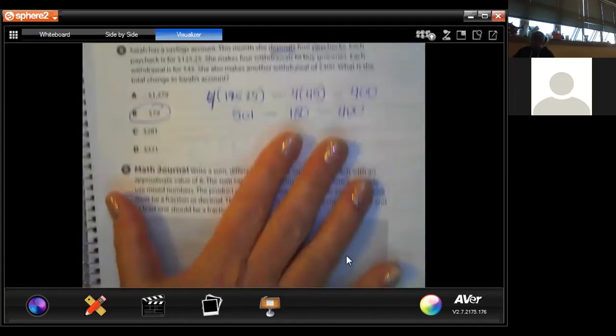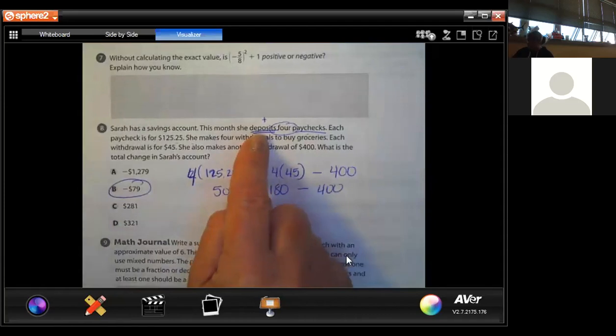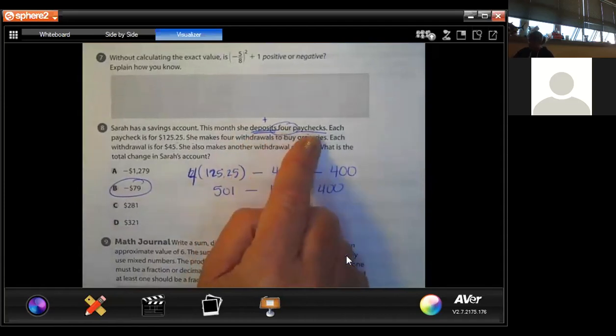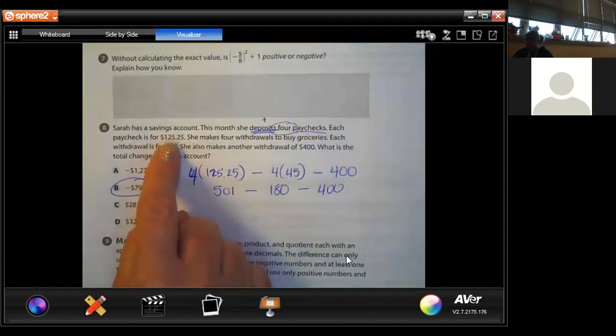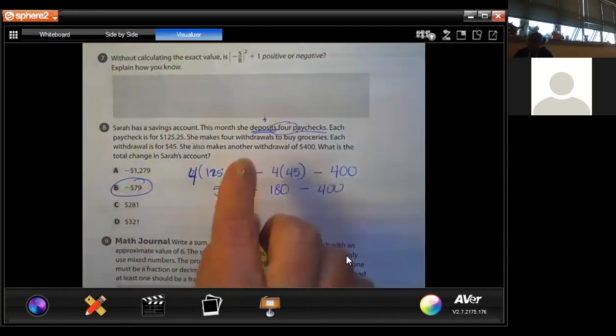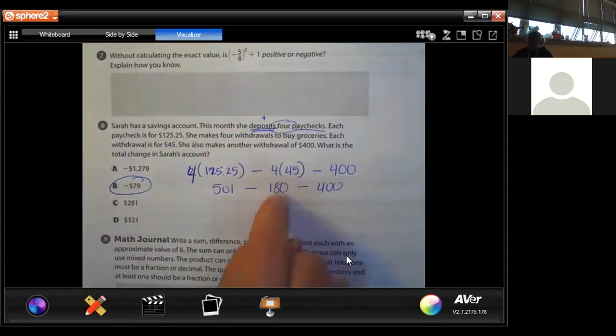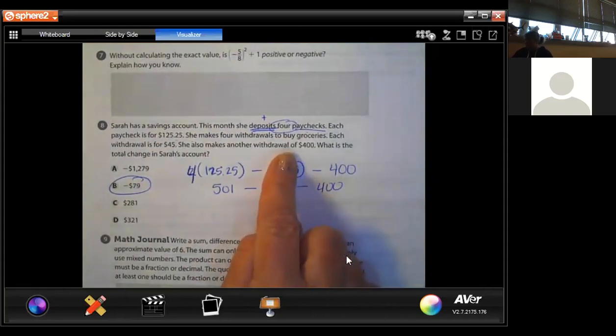Last but not least, number 8. So she deposits, which was a positive, into her account, 4 checks, and each check is $125.25 for a grand total of $501. Then she makes 4 withdrawals. So 4 times 45 comes out to be 180. And then she takes 1 more withdrawal of $400.